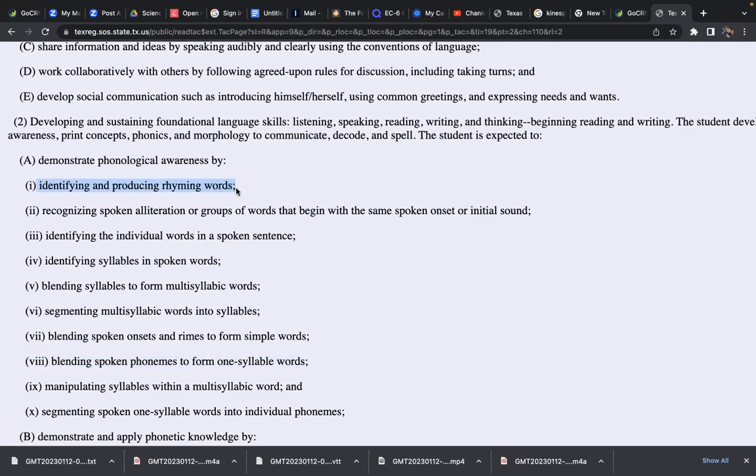So we wouldn't begin blending. We wouldn't be manipulating. These are done step by step. We master one, move to the other. That doesn't mean that we stop checking for them as far as their ability to do certain things, certain skills. We're constantly checking and building on these skills so that it solidifies and literally maps their language, a meta-linguistic map in their mind of all this wordplay that they have practice with.